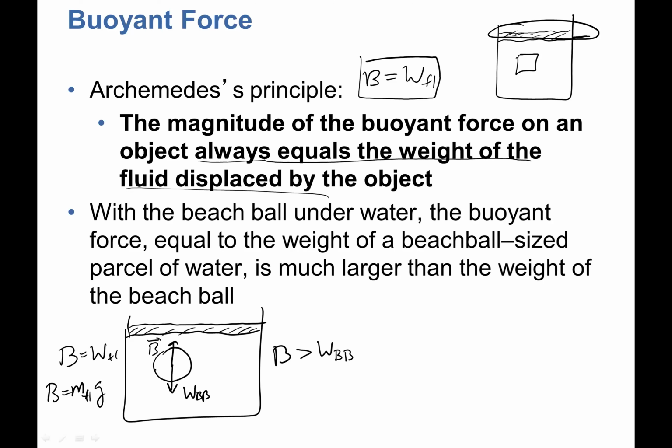If the buoyant force were equal to the weight, the beach ball would just sit there stationary inside the water. But it doesn't do that. It is pushed upward toward the surface. Why? Because the buoyant force is greater, so overall you have a net force upward. That can only happen if the buoyant force is larger than the weight of the beach ball. In this case, it happened to be greater.